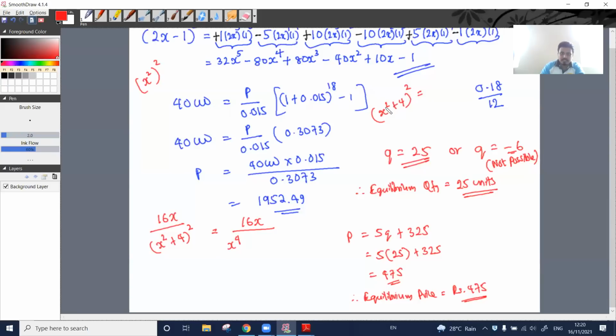Then first term into second term into 2. X squared into 4, that is 4x squared. 4x squared into 2, that is plus 8x squared. Then the square of the last term, it means 4 squared, that is plus 16. It's also correct. You can do it.